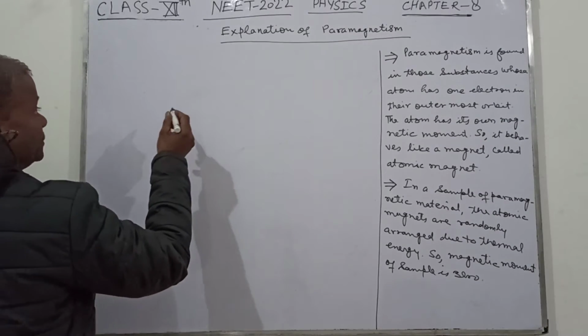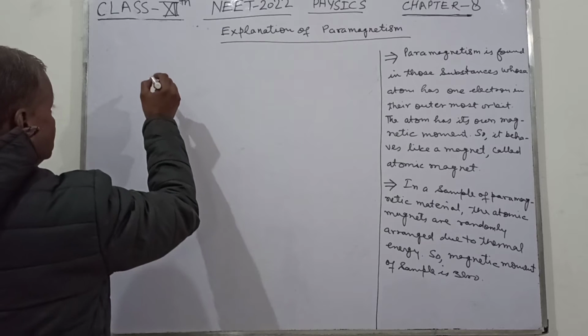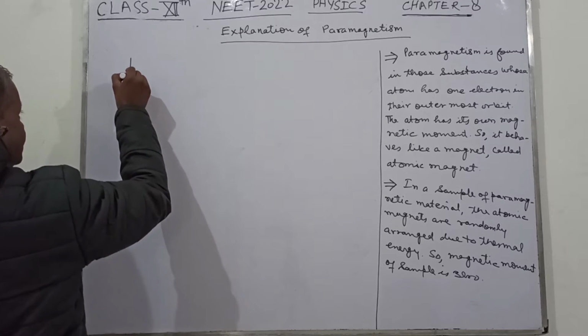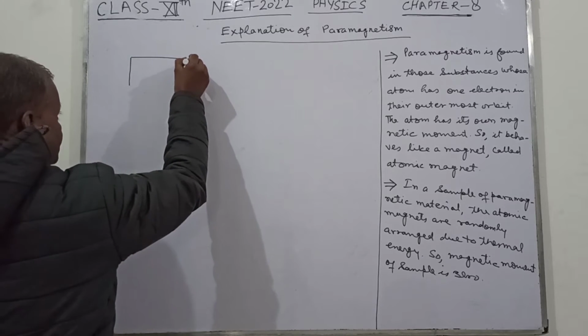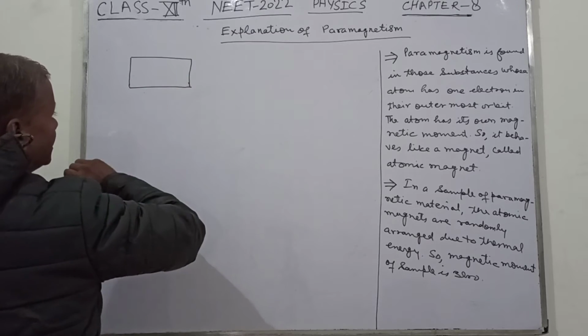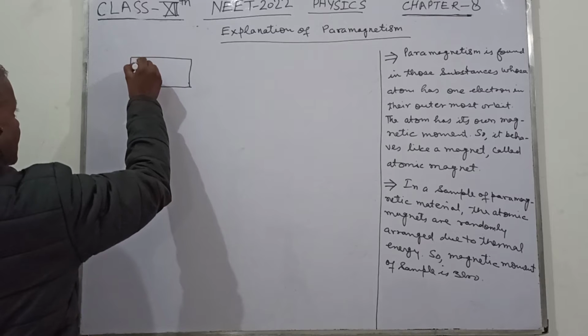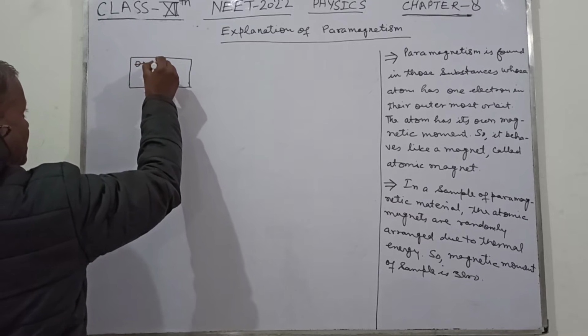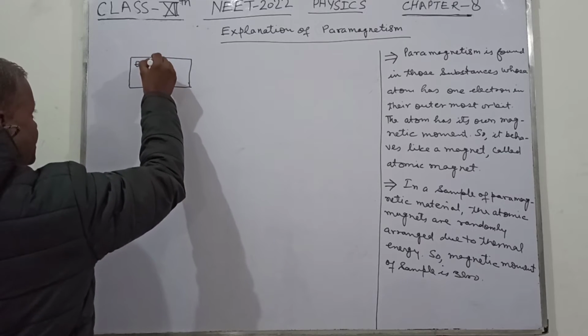So this is like this. This is the paramagnetic material or the sample. The atoms are like this. These are the atomic magnets.